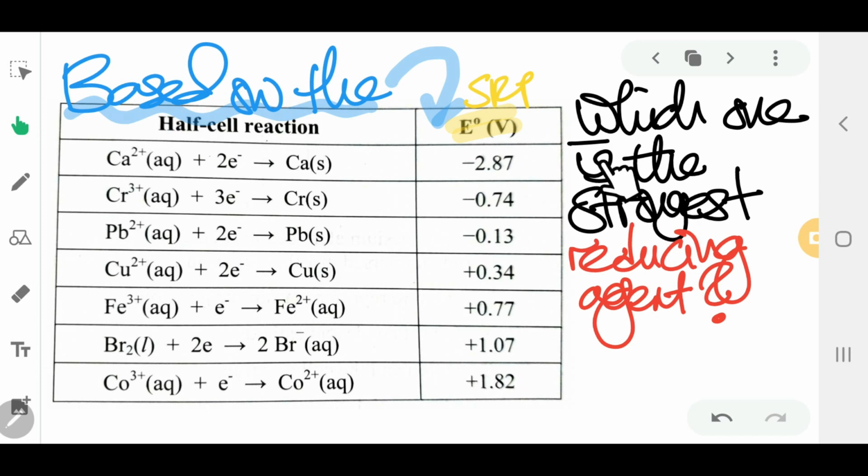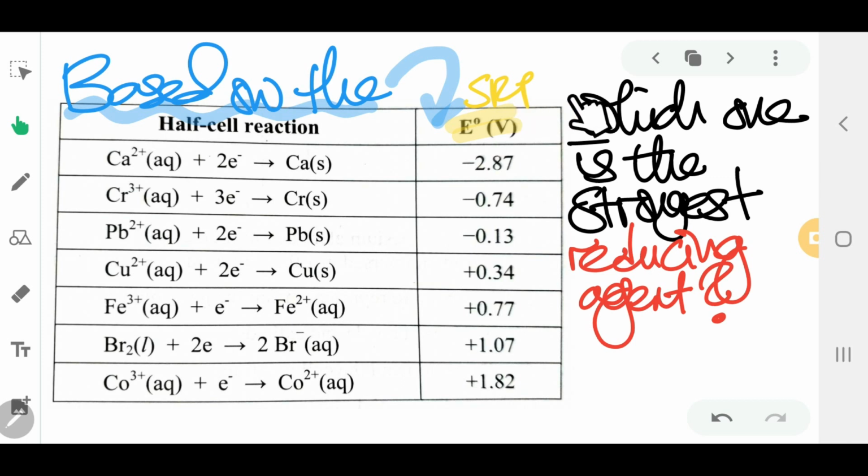When the question asks which one is the strongest reducing agent, remember that a reducing agent will get oxidized. If you are getting oxidized, you will be at the anode of the galvanic cell.